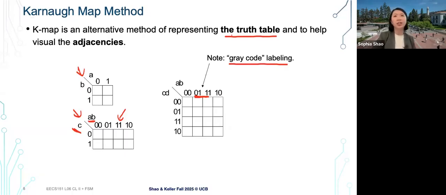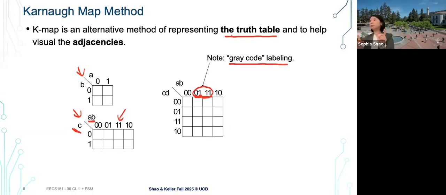Right, it simplifies the logic operation. In particular, very importantly, we mentioned we want to find terms where only one bit, one input, is different from each other. So by using gray coding, in this particular case, B stays the same, but A is the complement across the two different cells, right?